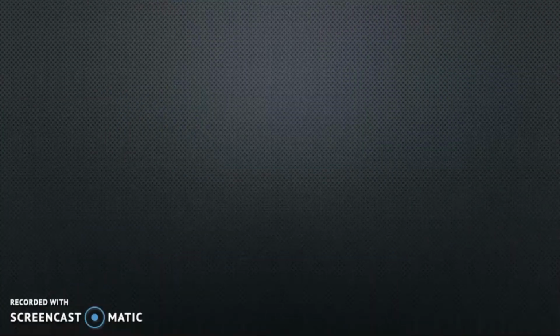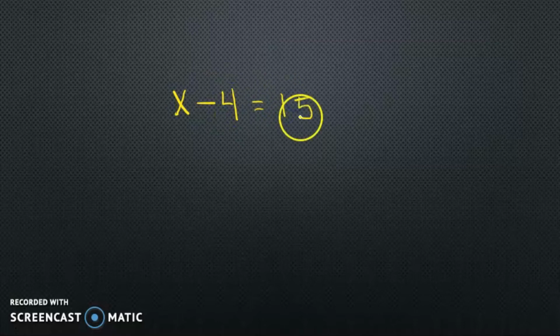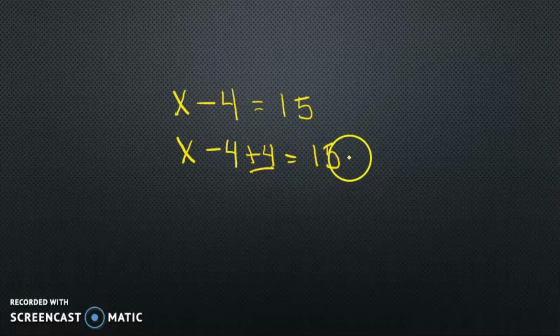Okay, so another example. Let's say x minus 4 is equals to 15. Now using the first rule, lalagyan natin ng plus 4 on both sides of the equation. So x minus 4 plus 4 is equals to 15 plus 4.